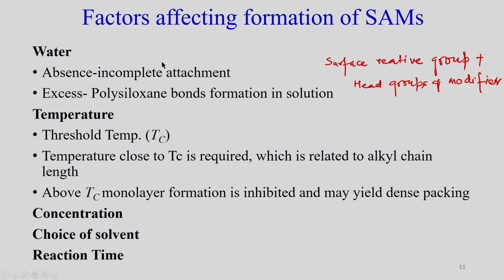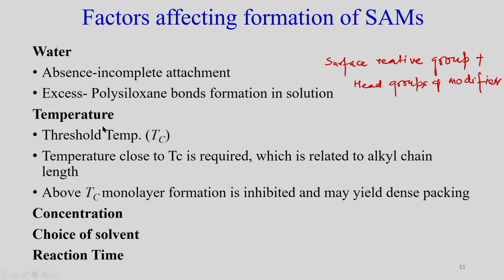So, in this way, if you go for this surface modification, we have to see what is the requirement of moisture, and in case of silane mostly it is done under an inert atmosphere. Now, effect of temperature: as you know, this is a chemical reaction, so if you increase the temperature, it is going to increase the rate of reaction.